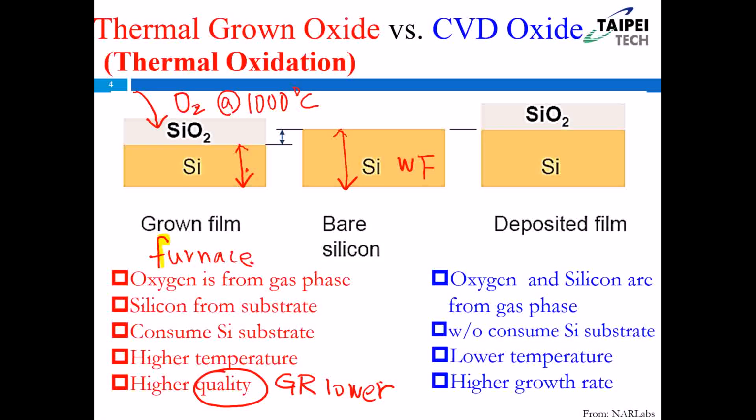It's not a big issue, because we only want to grow 1 nanometer silicon dioxide for the gate oxide, or for a very thin layer, with very high quality. So we will use thermal oxidation to grow silicon dioxide.